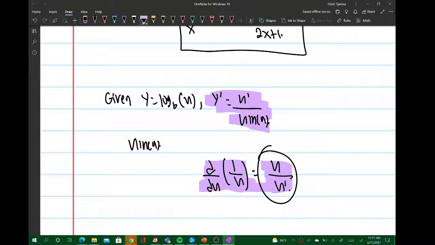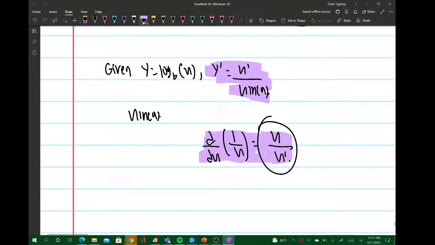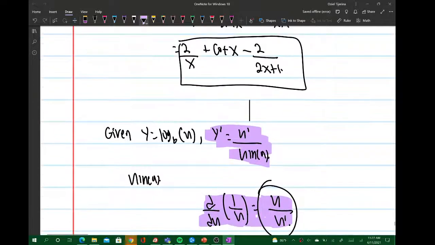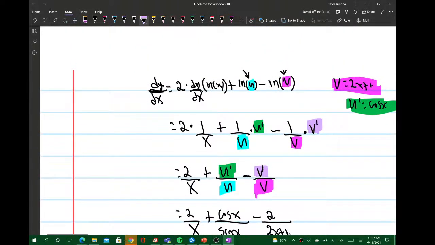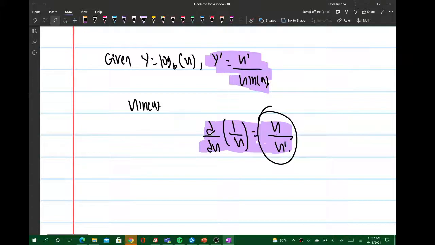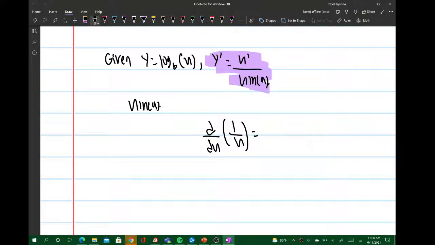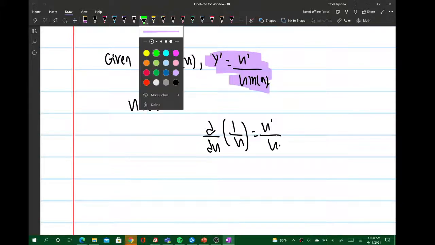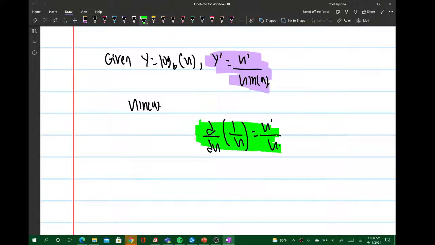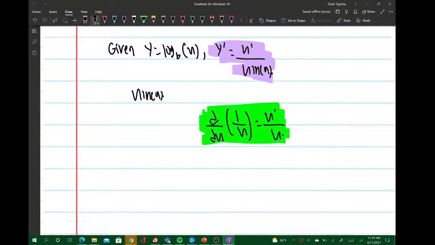It's almost the same, but it's not. Or I'm sorry, this was u prime over u. Oh my goodness. So this one, they're almost the same, except the derivative of ln of u does not include ln of a. So that's the difference, and you have to be careful.